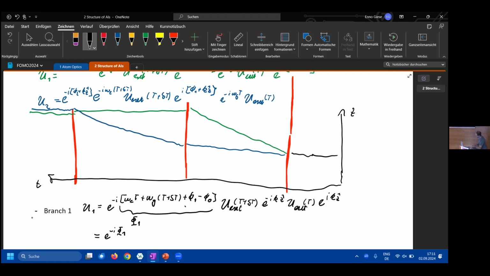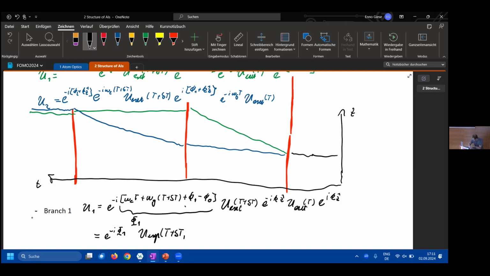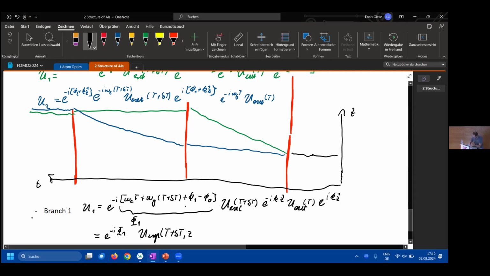What we observe now is that we have the external motion for t plus delta t, and this is acting on the center of mass motion. It depends on the Hamiltonian, and by that on momentum and position. So we just write it as a function of z hat and p.